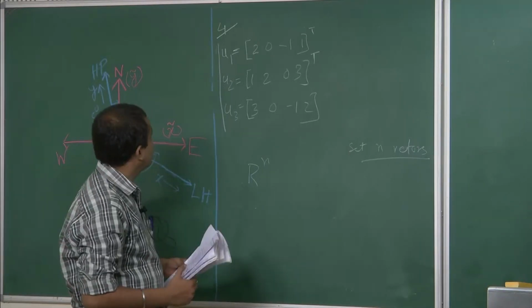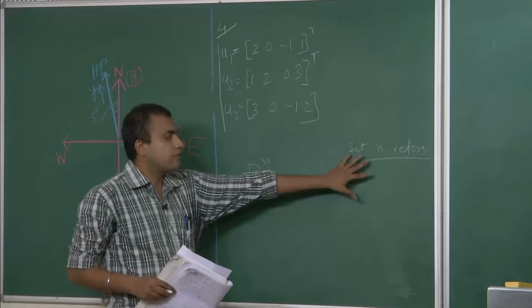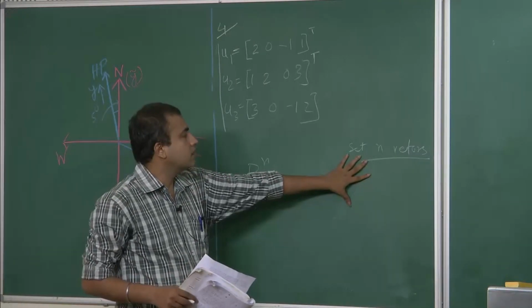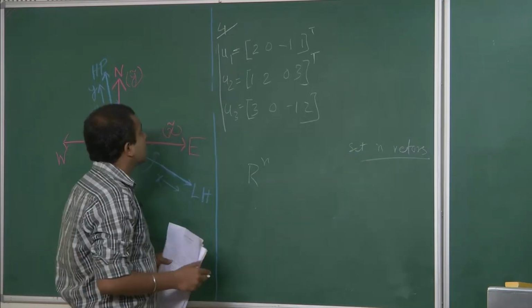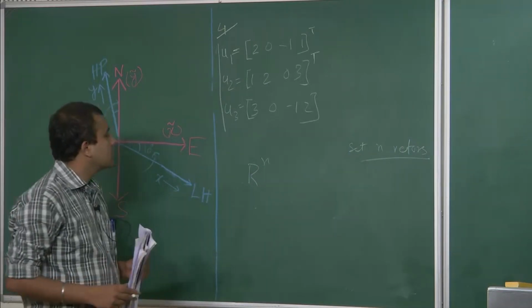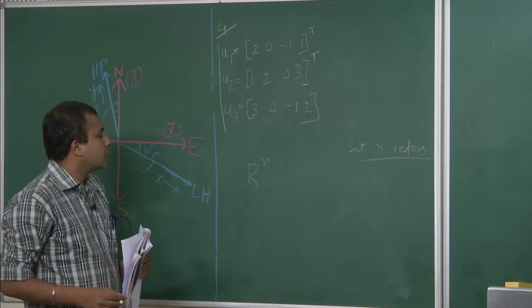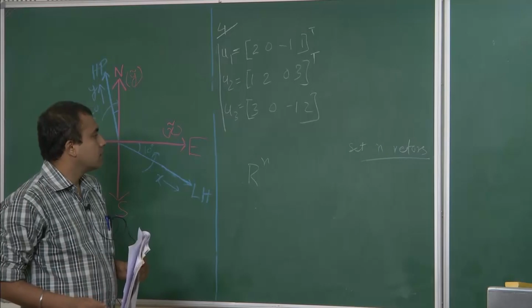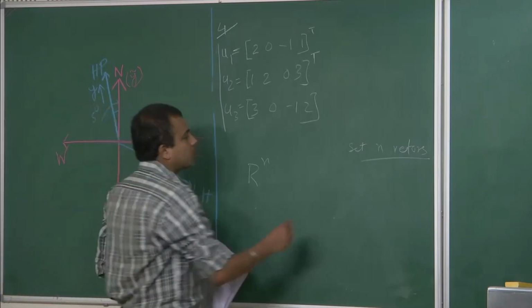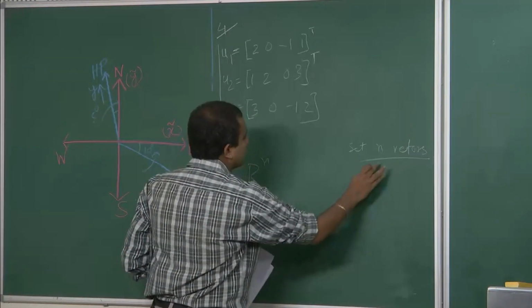If some of those n vectors turn out to be linearly dependent on some others, then in the orthogonalization process we will only get as many orthonormal basis vectors as the number of linearly independent vectors in this set.